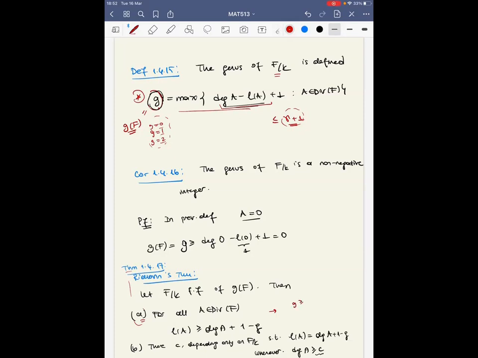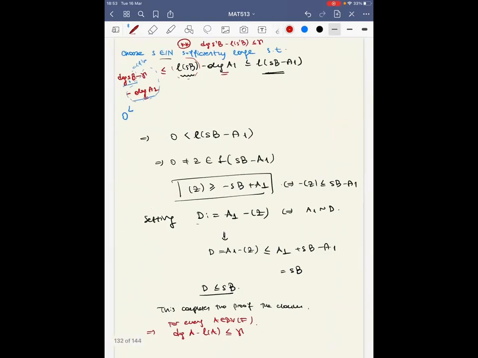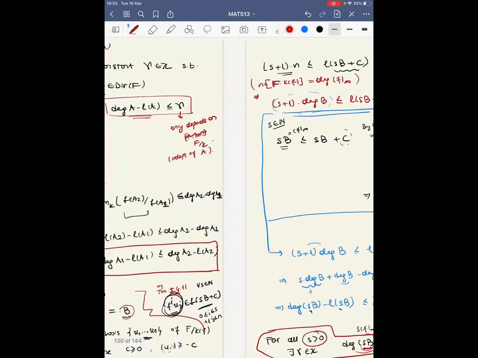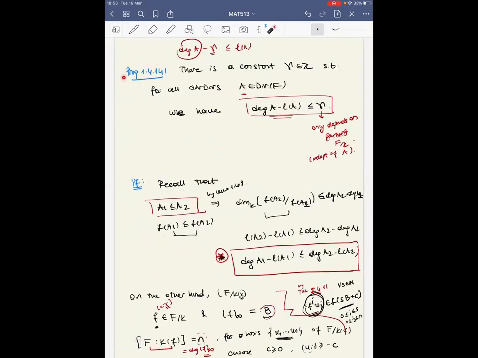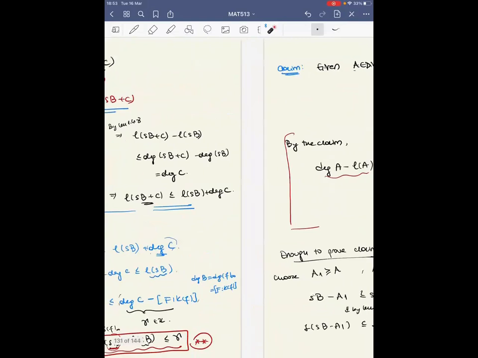So genus is always bigger than or equal to degree A minus L of A plus 1 for any divisor A. That means we always get this inequality. And to see the existence of such a C, we will in some sense follow a similar proof to proposition 1.14.